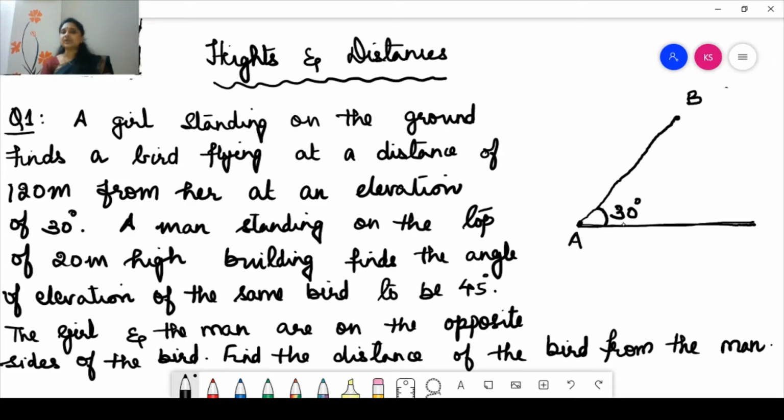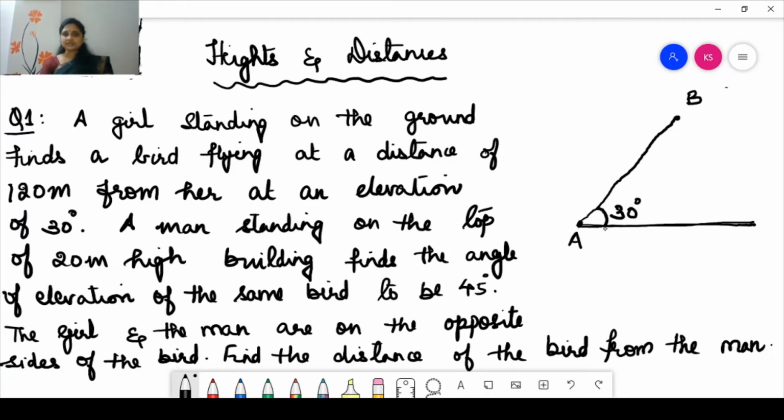It's always drawn with respect to the horizontal, either the ground level or the line of sight, the horizon, as you call it. When you look straight, the path taken by your eyesight is called your horizon, so that is going to be the horizontal line. With that, the angle of elevation and the angle of depression are made. When the angle of depression comes, I will tell you how you'll have to mark it.